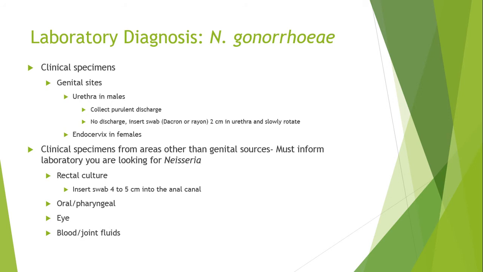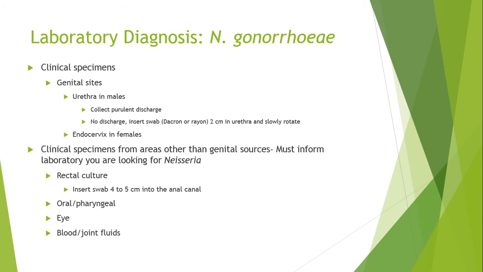Some clinical samples. If someone's presenting and the physician is suspecting gonococcal infection, there's a variety of different clinical samples that you're going to collect, and it really depends on the presentation of the patient. Urethra in the males, the endocervix in the females, if they're presenting with those kinds of infections. Rectal culture, oral or pharyngeal culture, eye culture, joint, blood fluid.